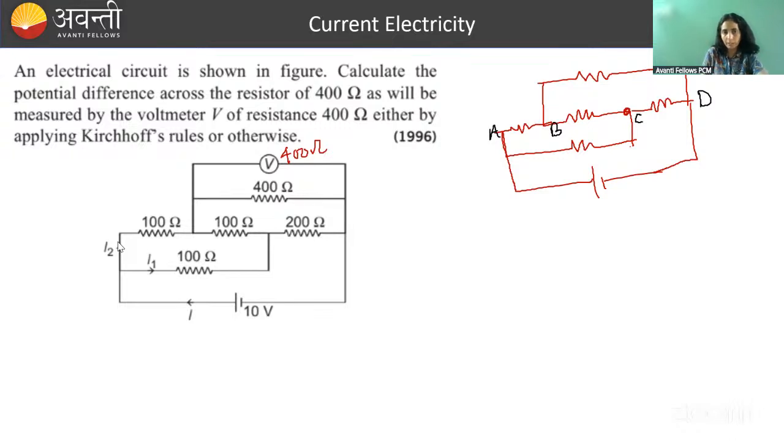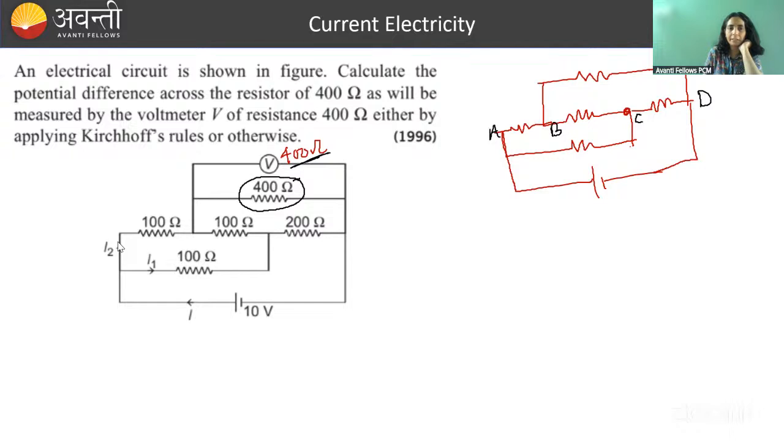Look, what is here? We have to calculate basically what? The voltmeter reading. So we have to calculate the potential drop across this, right? If you look here carefully, this voltmeter has a resistance of 400 ohm.